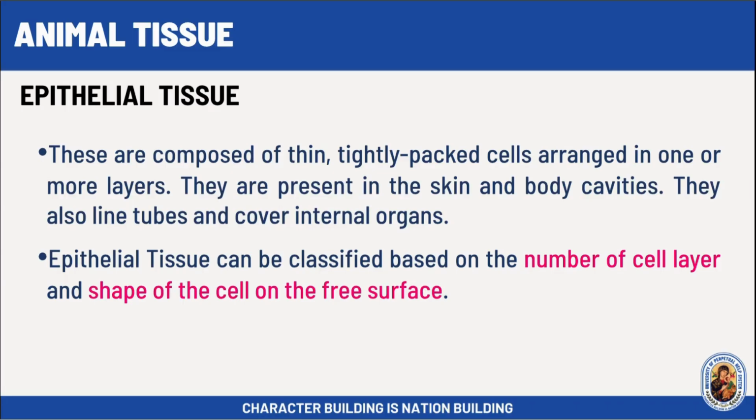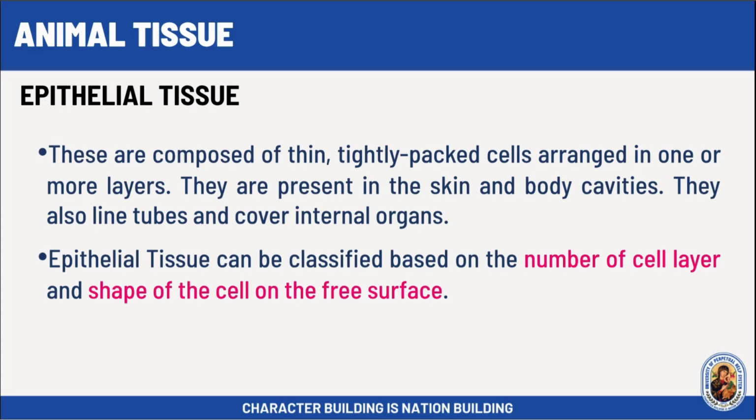So let's proceed to the epithelial tissue. The epithelial tissue is a thin kind of animal tissue that is packed together tightly. So they're present in different parts of the body, from body cavities, skin, and they also line the different tubes and internal organs to serve as a protection.